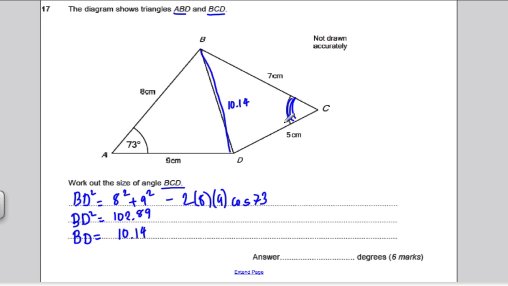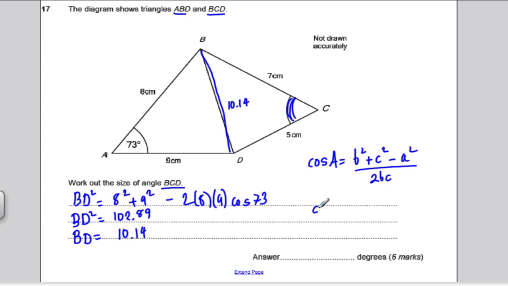Now, if we want to work out this angle here, we can use the cosine rule a second time. The cosine rule says that cos of the angle you're looking for is the square of the two sides around the angle, b squared plus c squared, take away the square of the side opposite the angle, a squared, all over 2bc.